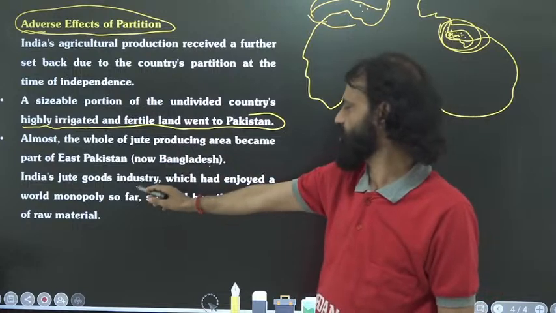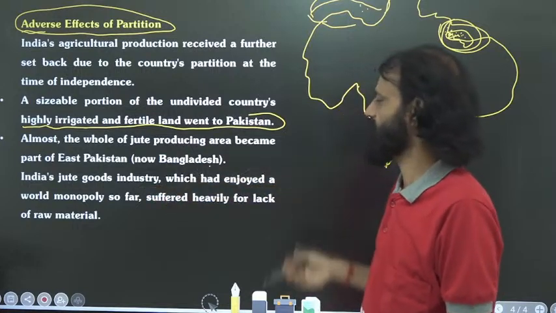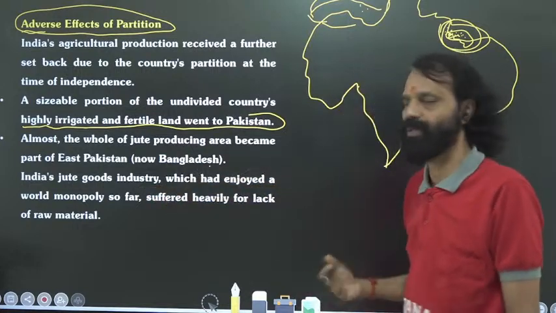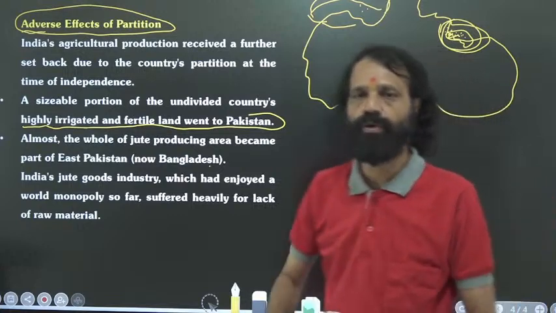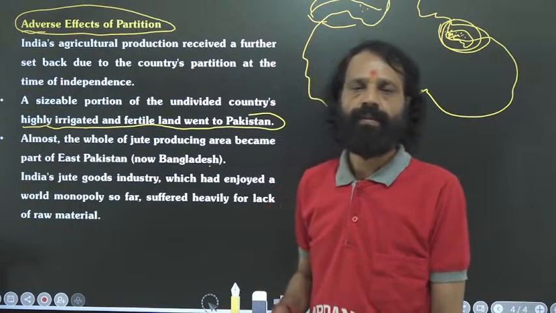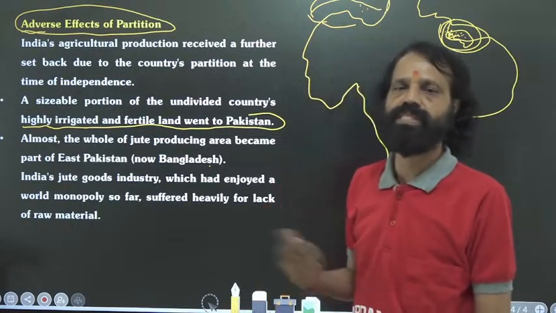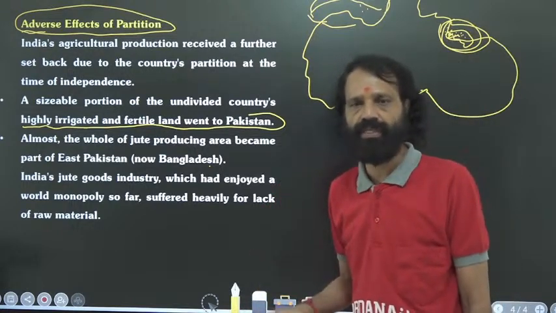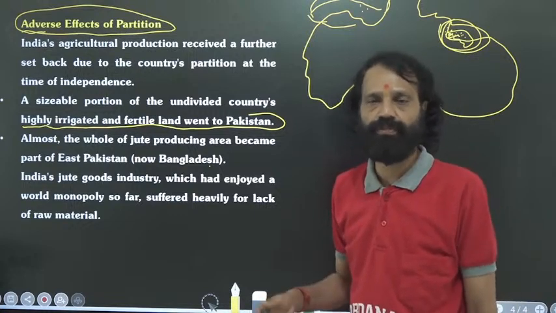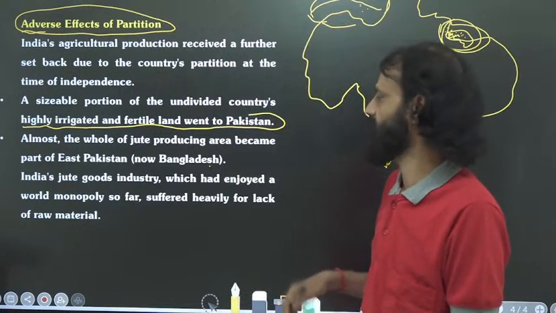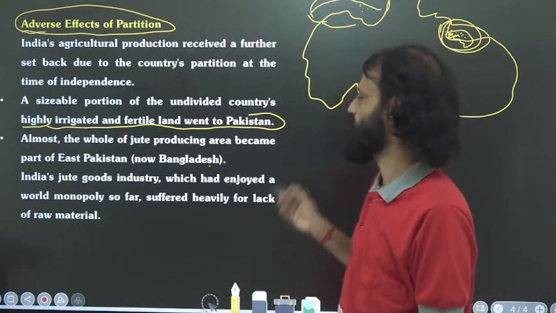India's jute goods industry, which had enjoyed a world monopoly so far. Monopoly means what? There are no other competitors; only one company or one person is producing the product, and similar or substitute products are also not available. Then we can say that it is a monopoly.